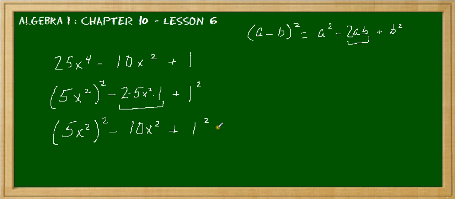What are our a and b terms? Well, the a term is 5x squared, and we know that we're subtracting, right? And we have 1 as our b term, and we're squaring this whole thing. So this can be written as a square of the binomial 5x squared minus 1.